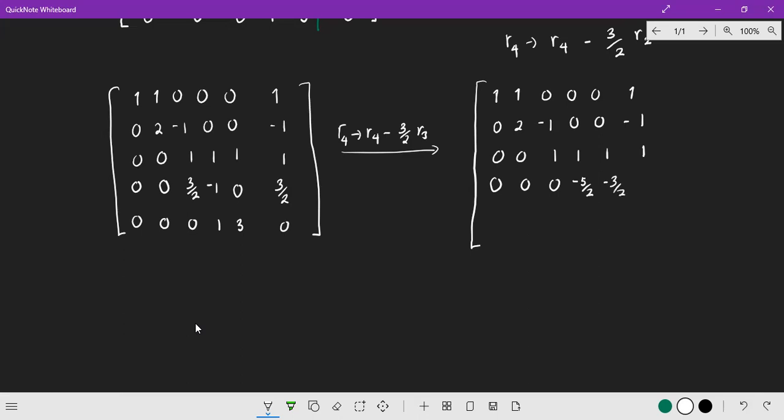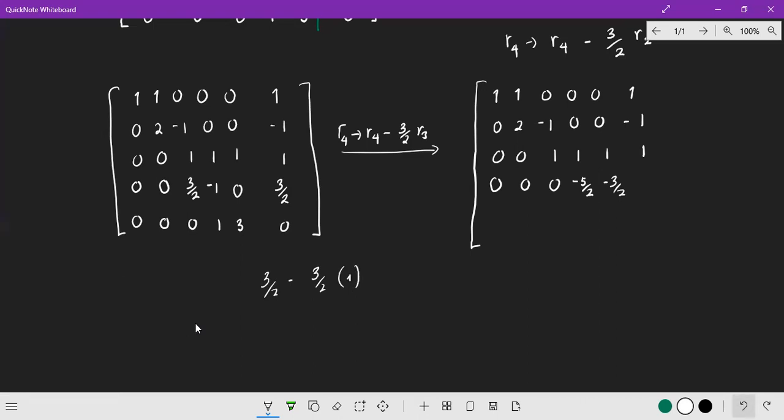And then here, 3 over 2 minus 3 over 2 times, what, row 1, right? Isn't it like this? So not row 1, row 3. The row 3 element here is equal to 1, of course. So I have 1 there.